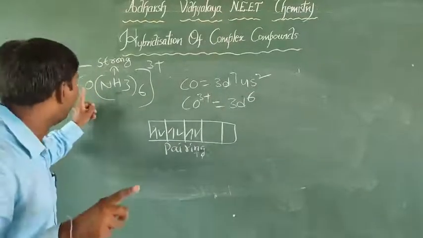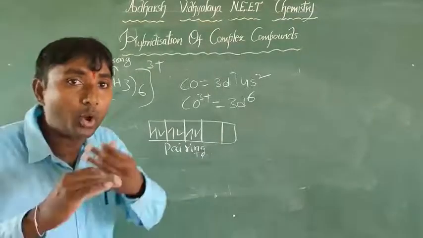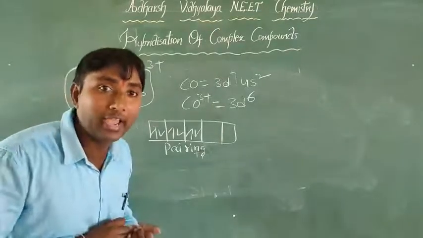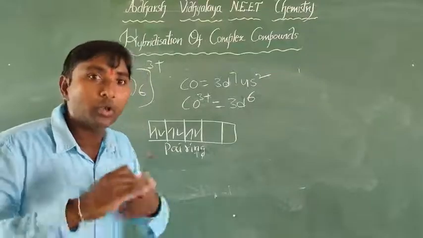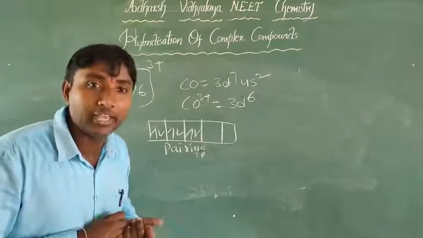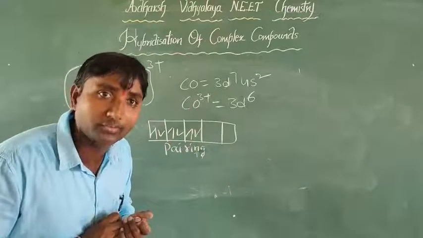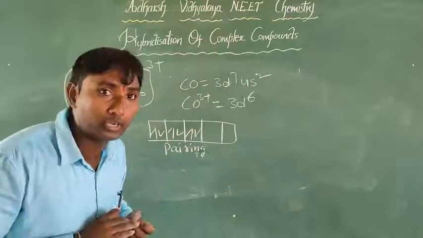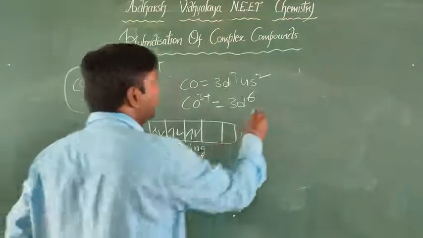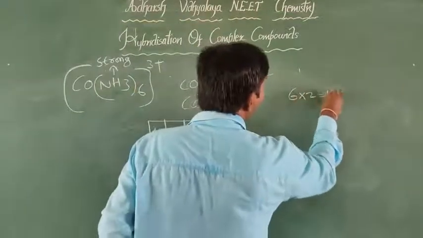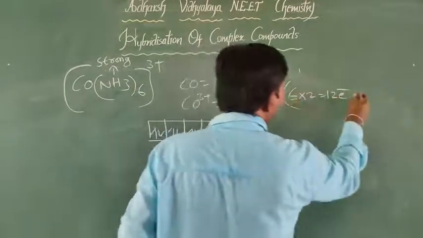Listen again. Here, cobalt is bonded with 6 amine ligands. That means cobalt forms 6 coordinate covalent bonds. 1 bond equals 2 electrons, 6 bonds equal 6 into 2, 12 electrons required here.